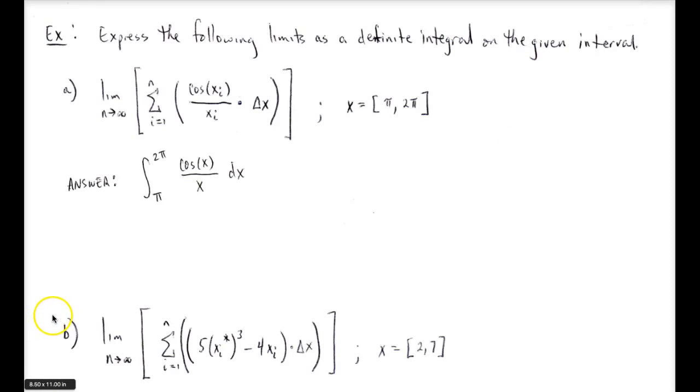All right, so next what we want to do is express the following limits as a definite integral on a given interval. And so if you've watched the videos on the Riemann sums and estimating the area under the curve using Riemann sums, you'll know that this combination here, the limit of an infinite sum, the way that we rewrite that is as an integral from a to b.